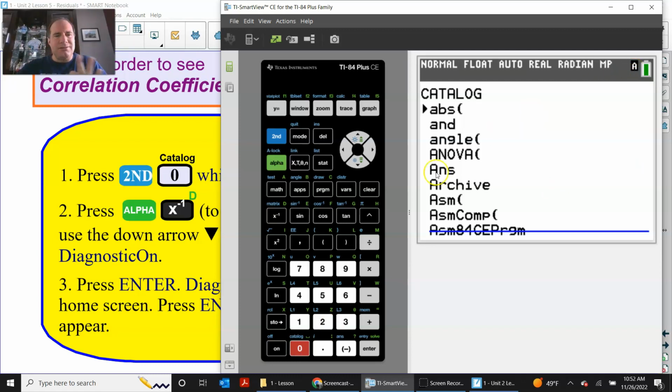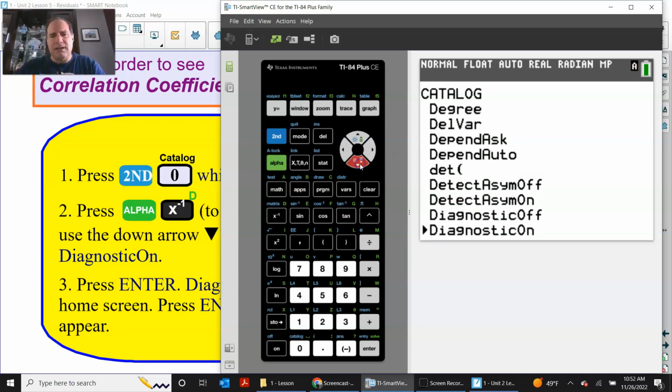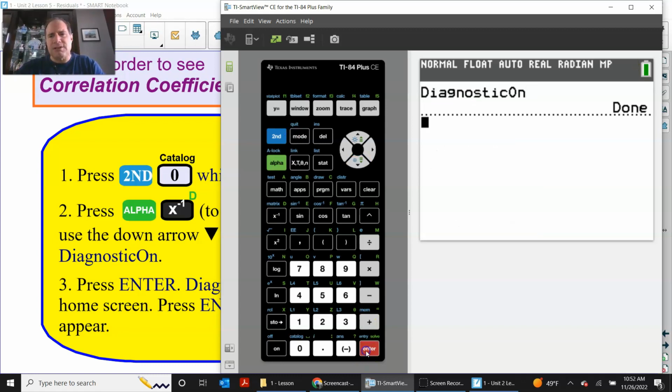So you don't have to press alpha. When you see the A, you could go to the D, where X to the negative first, there it is in green, the D, and you could fast forward to D's and then go down right here, diagnostics on. It has to be on. You press enter and then you press enter again and it says done and diagnostics is on.